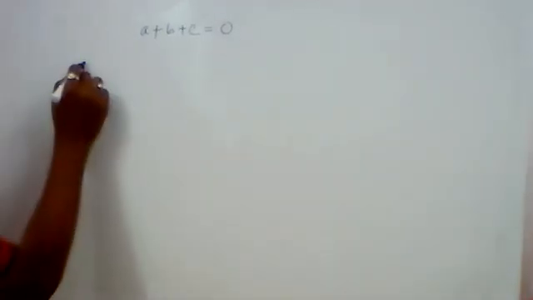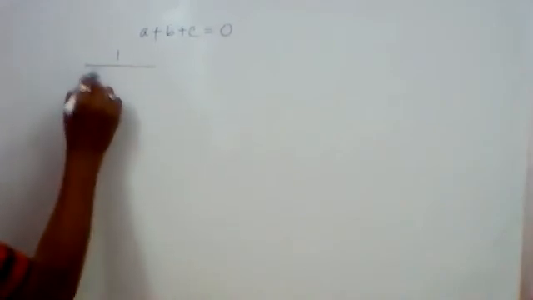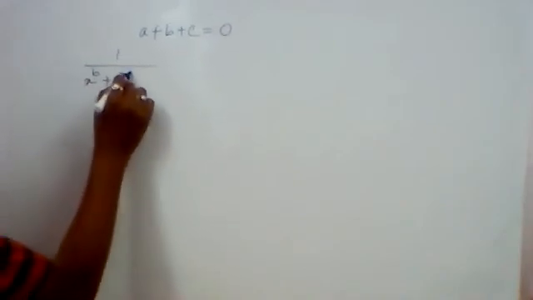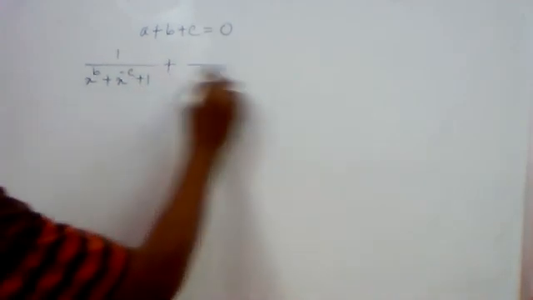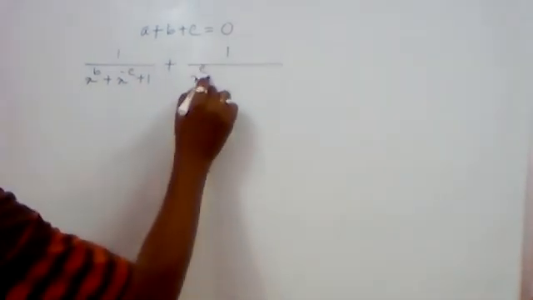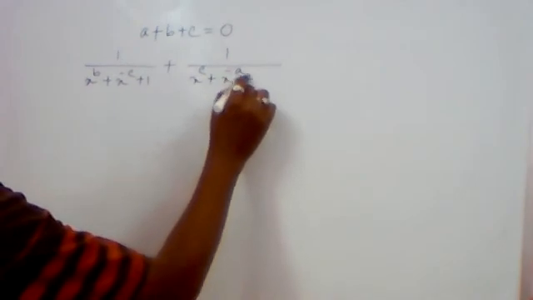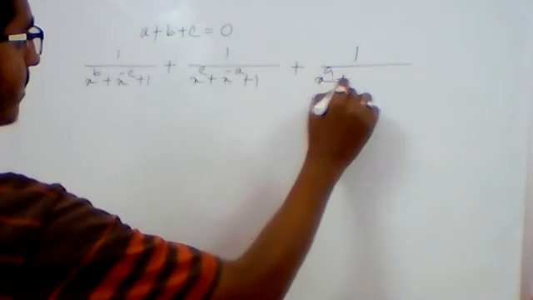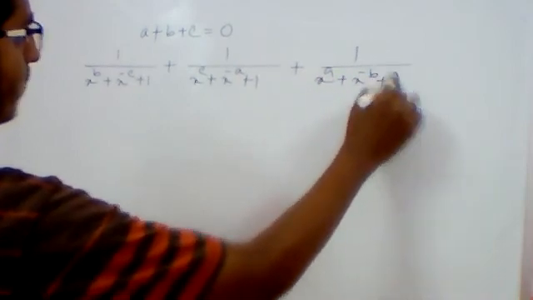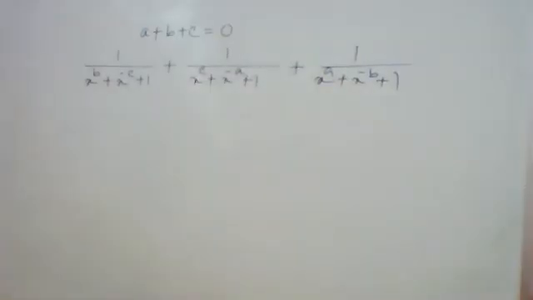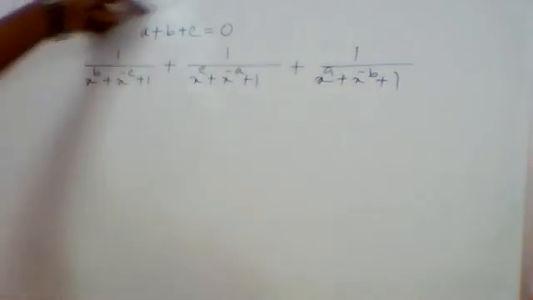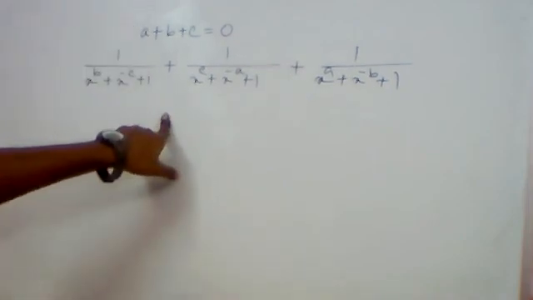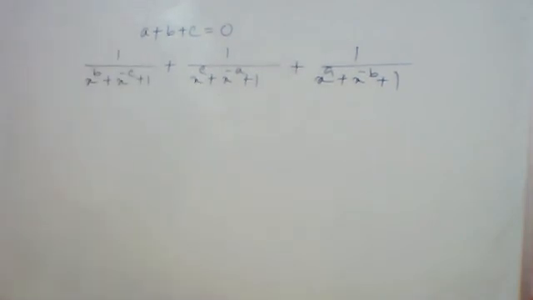We have to show that 1 by x to the power b plus x to the power minus c plus 1, plus 1 by x to the power c plus x to the power minus a plus 1, plus 1 by x to the power a plus x to the power minus b plus 1, using this identity, is 1. So we have to show this one is 1. So how to show?